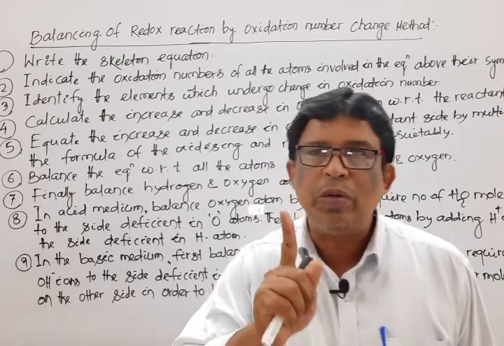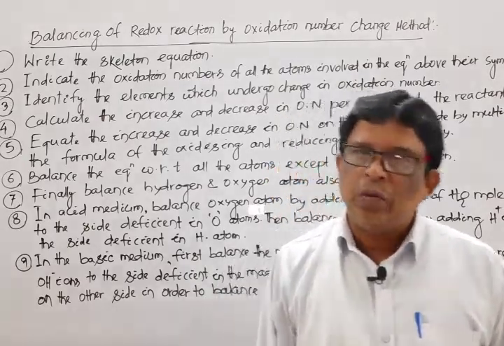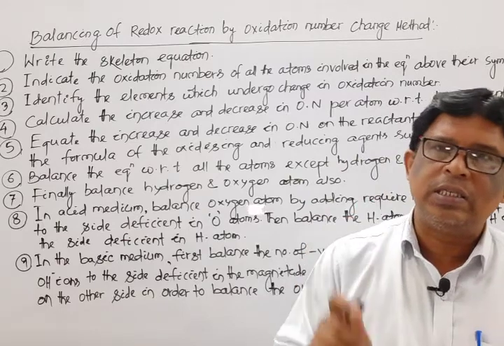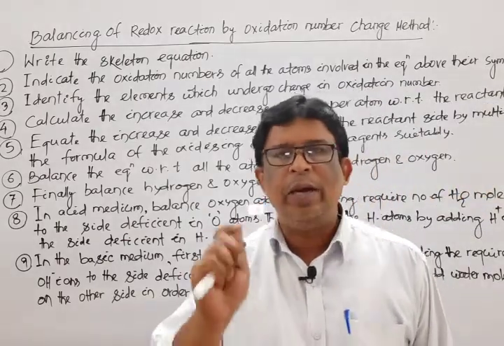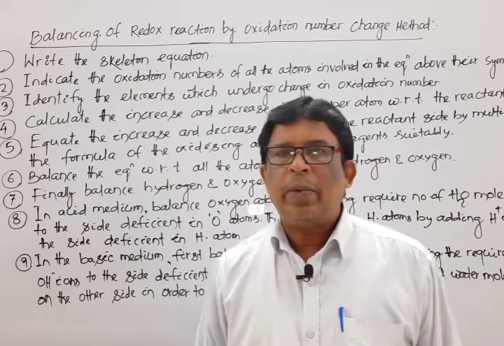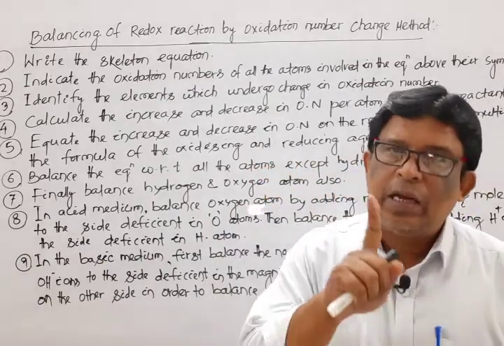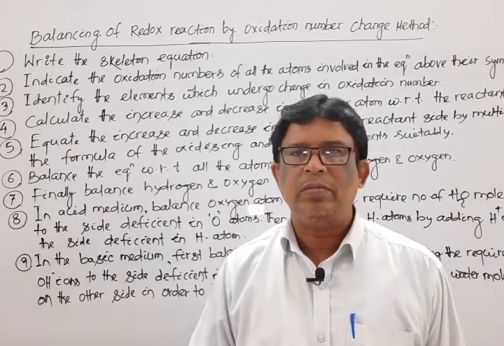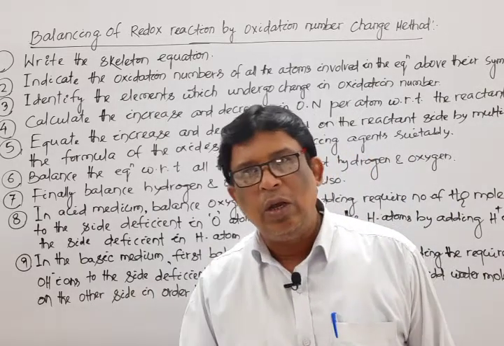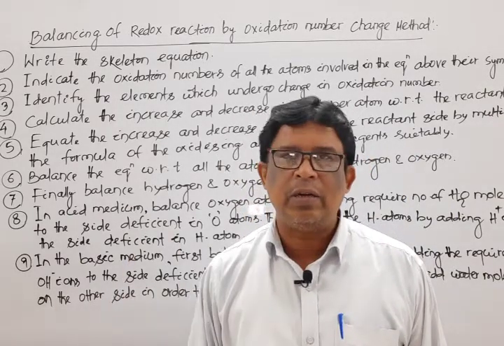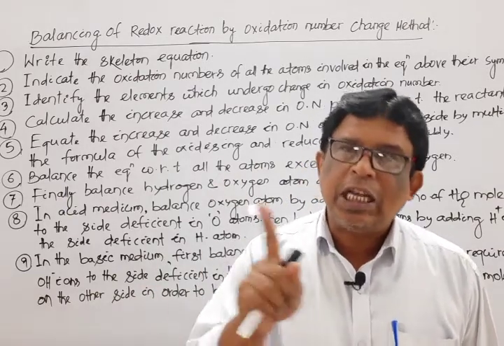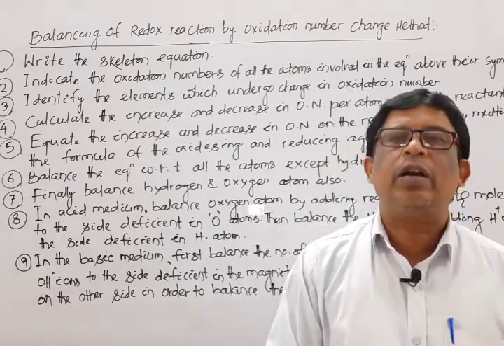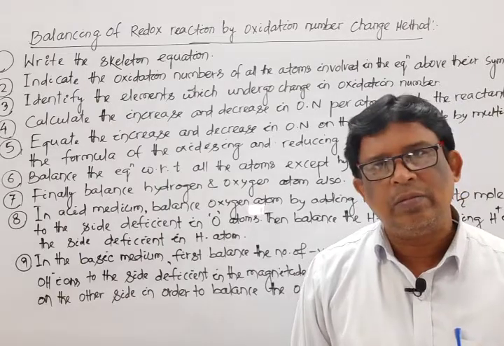Finally, the most important point, we have to balance hydrogen and oxygen. Two cases arise. I repeat again: if in acid medium, then balance the oxygen atom by adding water molecule to the deficient side of oxygen atom, then balance the hydrogen atom by adding H plus ion to the deficient side of hydrogen atom.